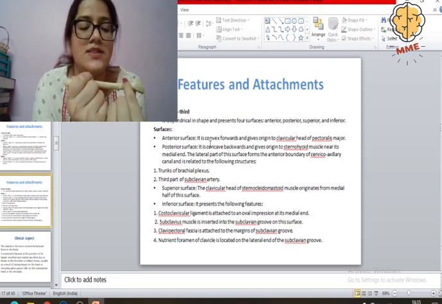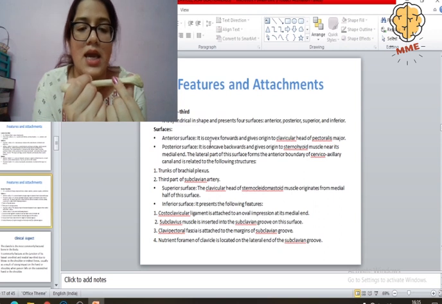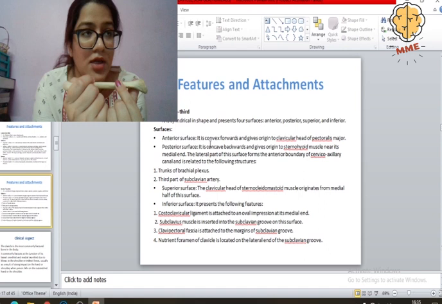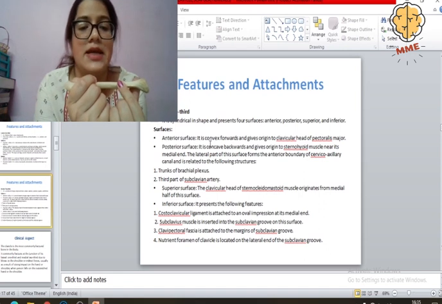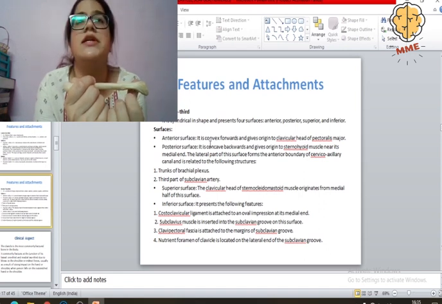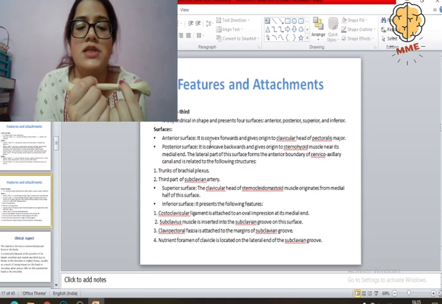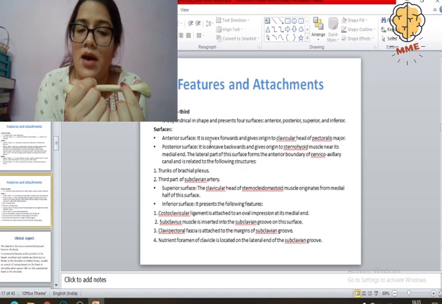This part that I'm touching forms the anterior boundary of the cervico-axillary canal. So there are some structures related to the bone over here. They are not attachments, they are structures related. What are they? Trunks of the brachial plexus and third part of the subclavian artery.